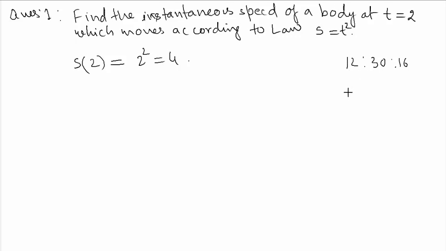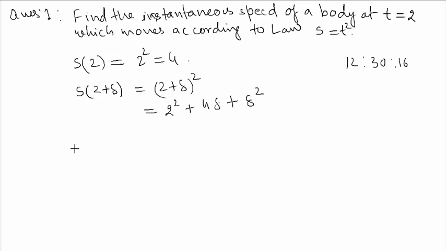So instantaneous speed at this moment is not 2. This is like s of 2 plus delta. Time is always positive, so delta is positive. 2 plus delta whole square is 2 square plus 4 delta plus delta square.